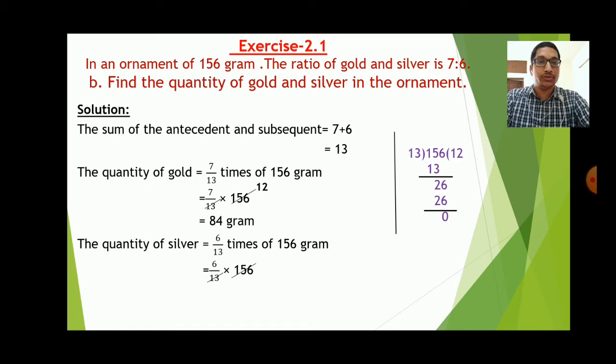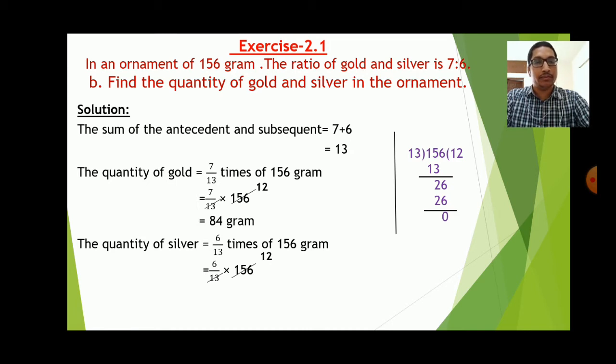Now what will you do? Now here we will divide 156 by 13. So if we divide 156 by 13, then it will be 12. So now here what will we do? Here we will multiply 6 and 12.